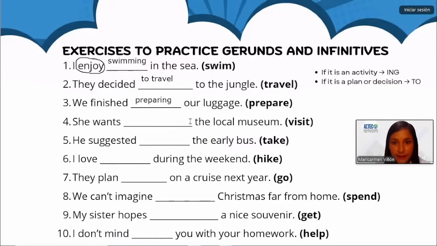Dice, she wants. Usted dígame, a ver, ¿será she wants to visit or she wants visiting the local museum? Recuerde que en gerundios hablaban de actividades, de experiencias, de cosas que nos gusta, que no nos gusta hacer, que disfrutamos, que amamos. Estas no hablan del futuro. Mientras que los de infinitivos, entonces, ¿qué? Hablan de planes, de decisiones, sugerencias, cosas que queremos, intenciones.